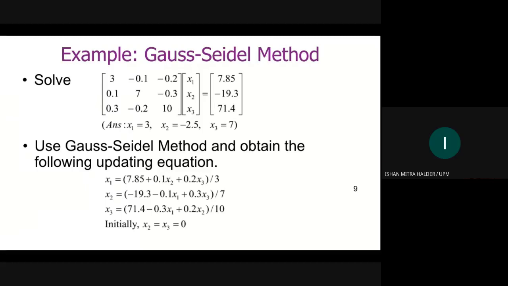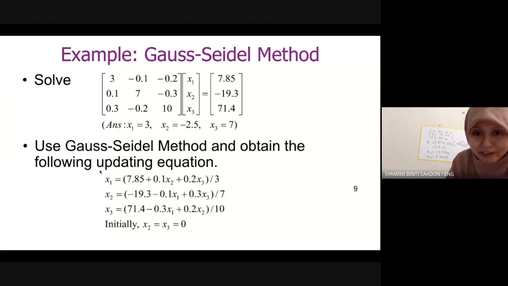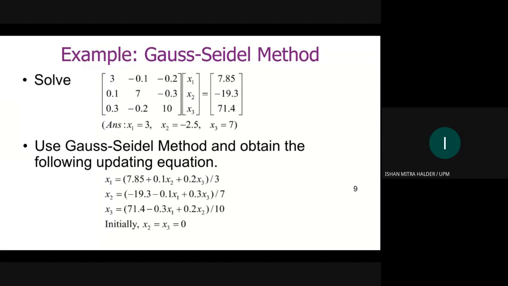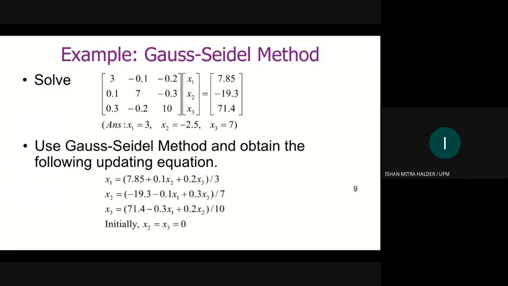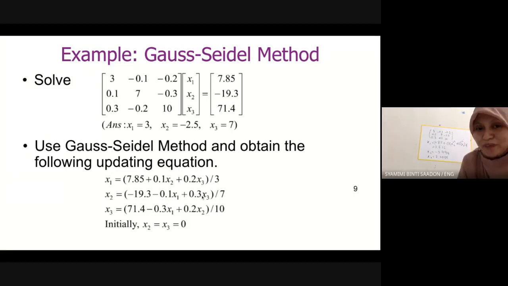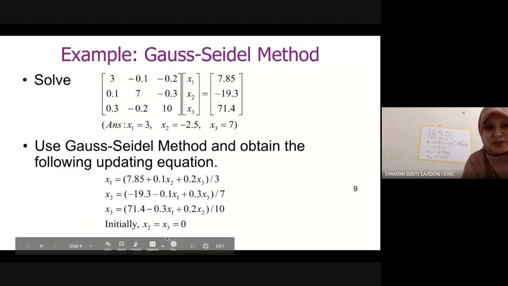Doctor, just to make sure, to find x2, we input the 2.616 for x1 and 0 for x3, right, in the first iteration? Yes. x3 you don't know yet, so you use the initial guess, which we assume here as 0.